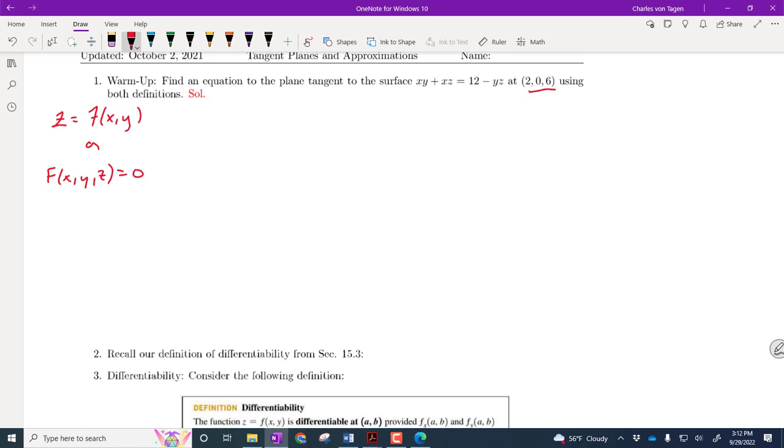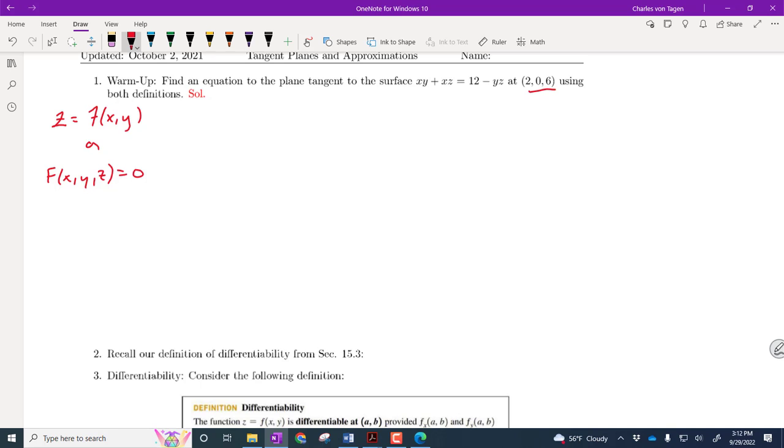But slices in R4 don't look like planes, they look like R3. They look like space. Slices of R4 look like space. That's hard to think about, and if you don't want to think about it, that's fine, but you do need to realize that we're treating this situation as a function of R4, but then we're setting it equal to 0. That still puts us back into 3 space.